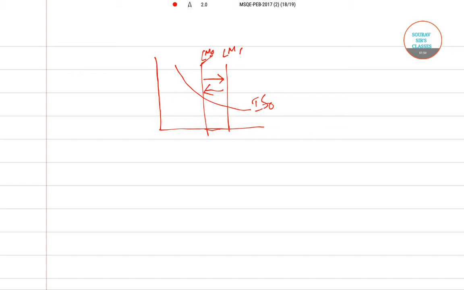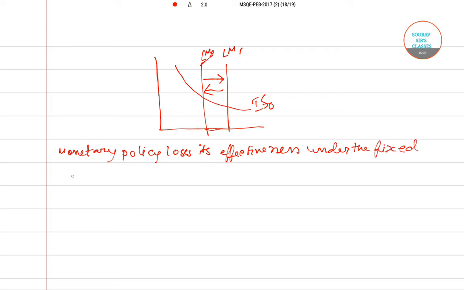So we would conclude that monetary policy loses its effectiveness under the fixed exchange rate system.